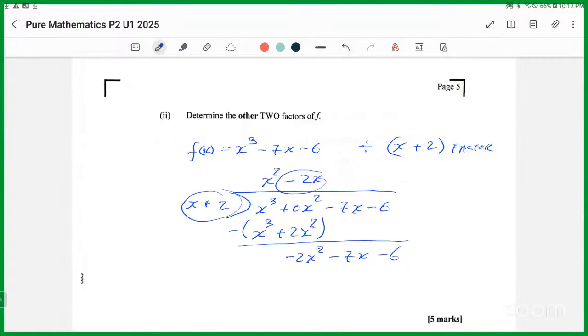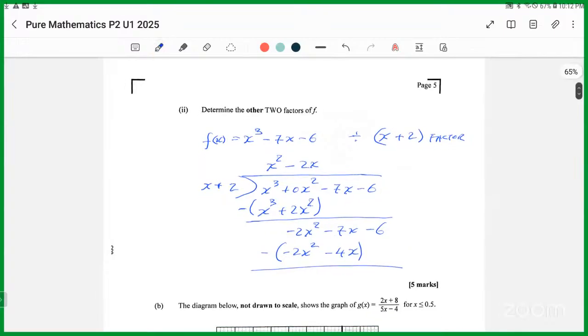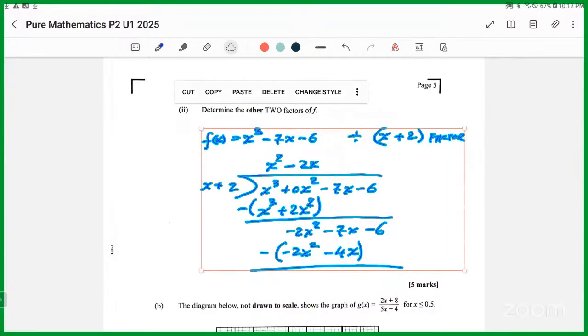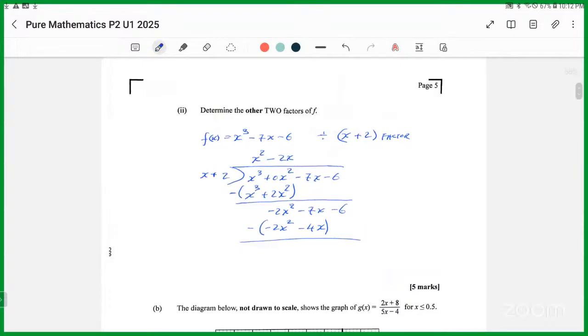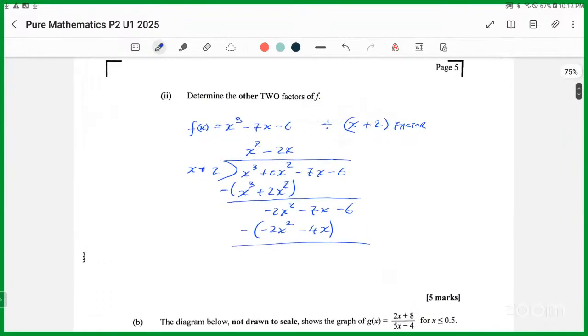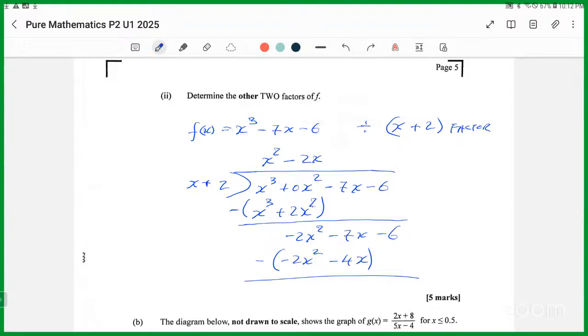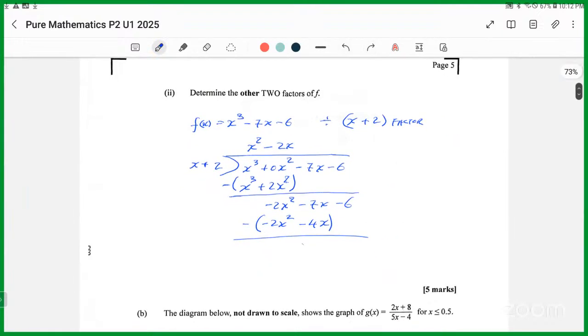Minus 2x times x plus 2 gives us minus 2x squared minus 4x. Again, we subtract. Minus becomes a plus, so it's plus 4x minus 7x, that's negative 3x.